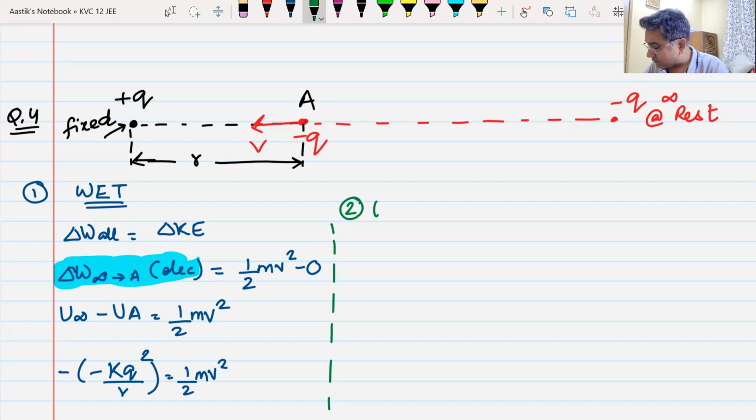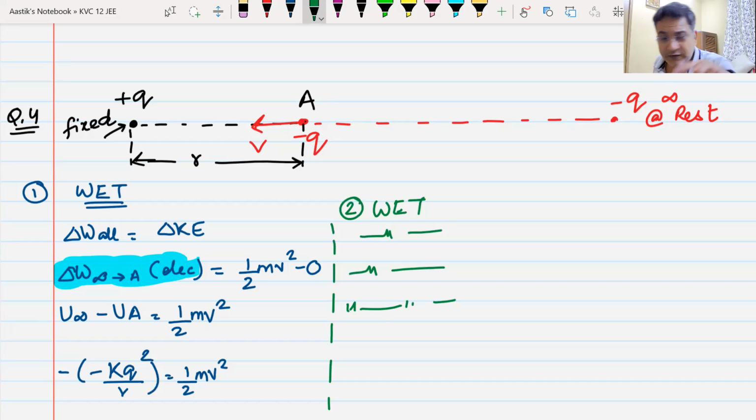Tarika number 2. I will apply the same work energy theorem. Step number 1 is same. Step number 2 is same. Step number 3 is same. But to find out U infinity minus UA, what do I do? I multiply minus q, which is the charge, by V infinity minus VA.